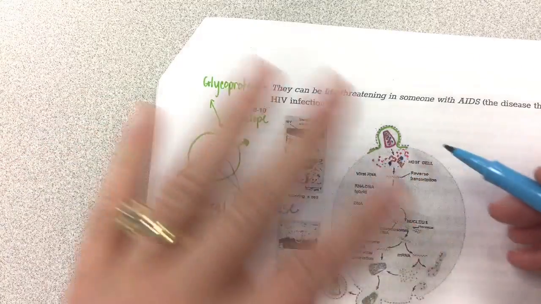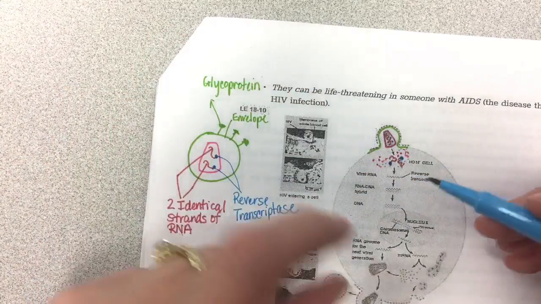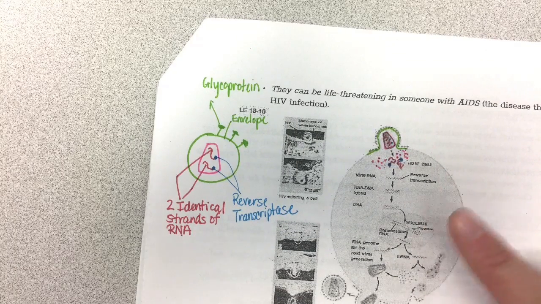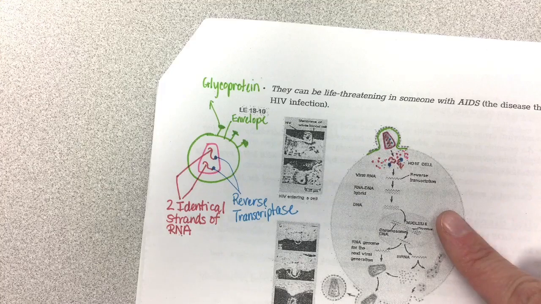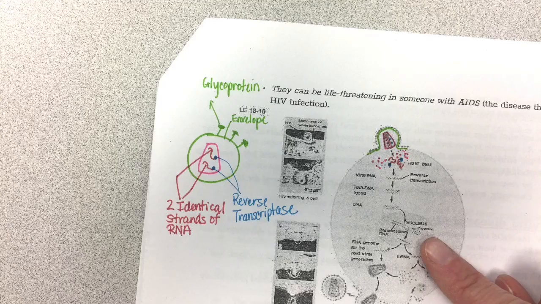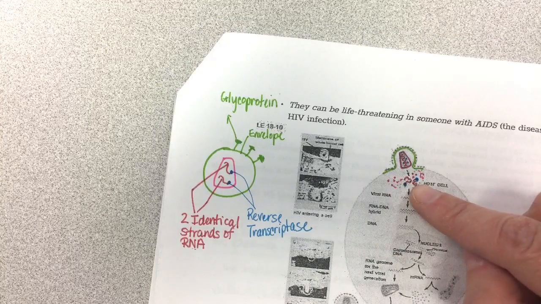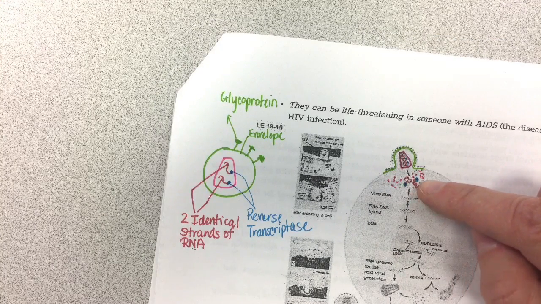Let me just give you the big picture. What a retrovirus does: we are the host cell, these are the cells of our immune system, and our genetic material is DNA. The goal of the HIV virus is to insert its genetic material into our genetic material, into one of our chromosomes, which are made out of DNA. RNA is the genetic material for this virus.